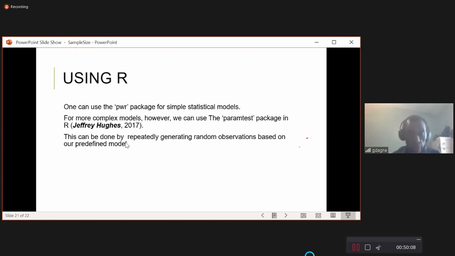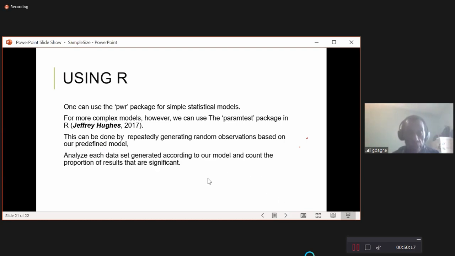Whatever effect size you are looking for, generate samples from that. Once you generate the samples, you analyze each data set generated according to your model, and count the proportion of results that are significant for that effect size.